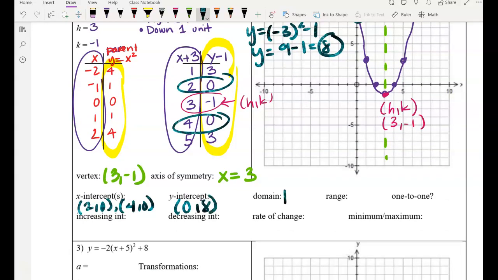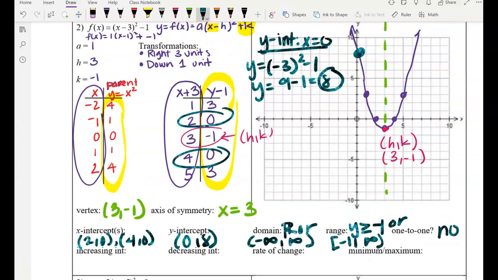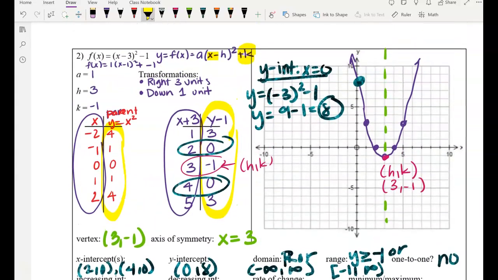The domain of this is all reals, or we can use interval notation, so -infinity to infinity. The range, the arrows are going upward, so we're going to say, okay, that could be y is bigger than or equal to the k value, which is -1, or we're going to say from -1 to infinity for interval notation. It is not a one-to-one. We do have an increasing interval. So increasing interval is from this minimum value right here all the way to the right.